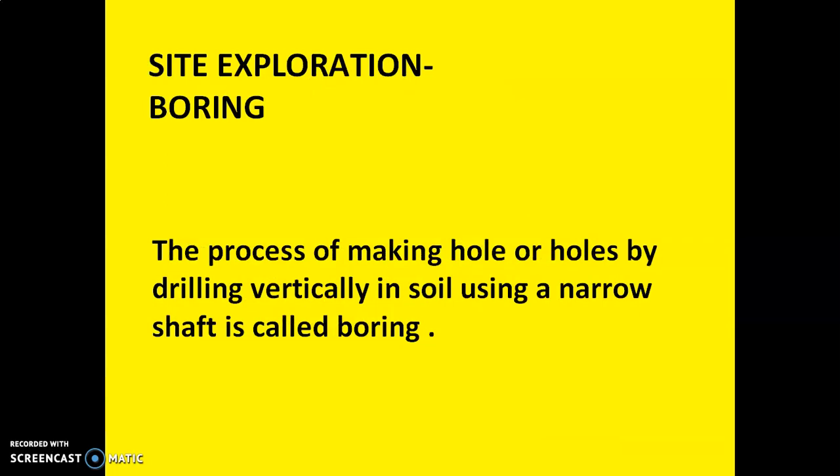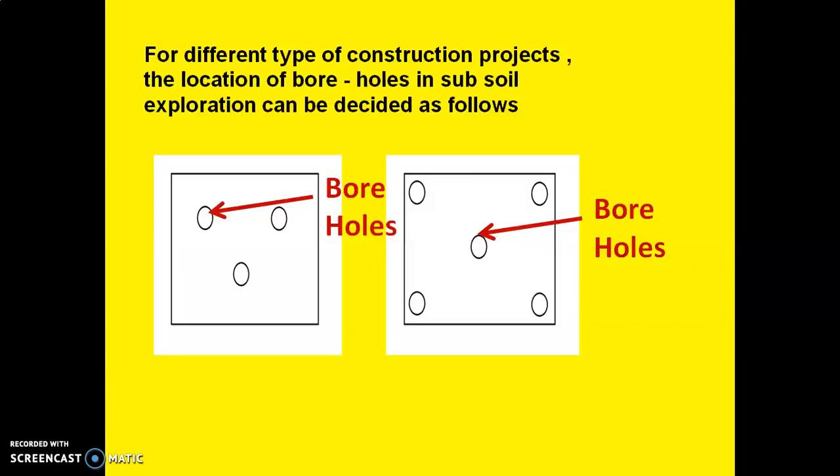Now let's see site exploration to be conducted by boring. The process of making a hole or holes by drilling vertically in soil using a narrow shaft is called boring. For different types of construction project, it is essential to identify the location of the boreholes in the subsoil, and hence exploration can be decided as follows.